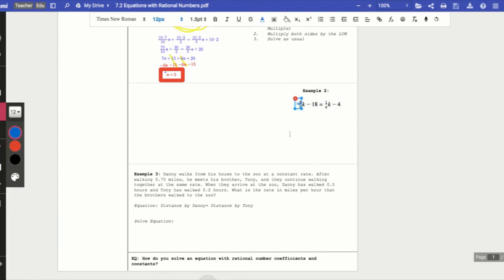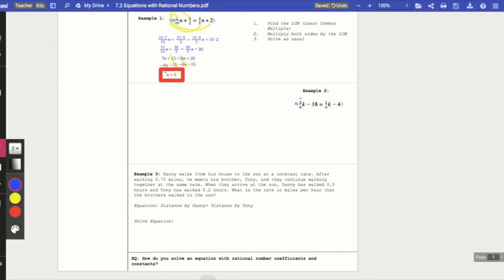So 4 over here, and then end the parentheses, because again, remember, this is like mega distributive property. So then I get 4 to the 3/4, 4 to the 18, 4 to 1/4, and 4 to negative 4.